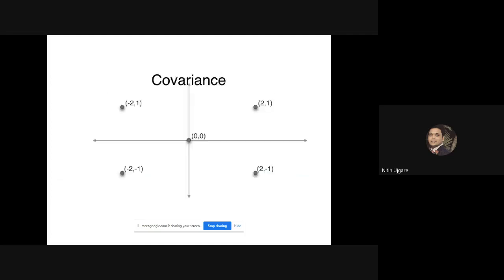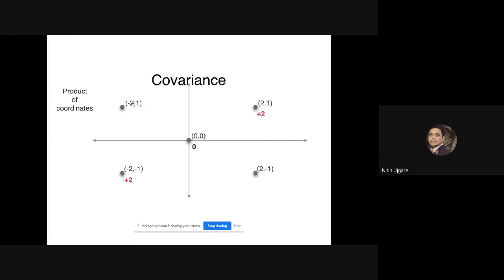So another concept comes in, which is called covariance, which actually helps us to describe these different sets of points. So naturally, in covariance, we take the product of their coordinates. It is the sum of products of coordinates of all the points. So what is the product of coordinates for this point?